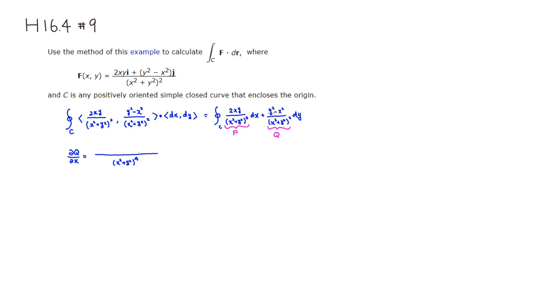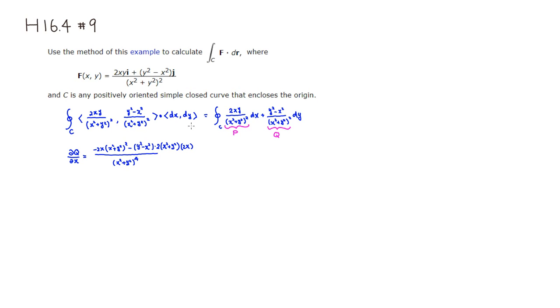The partial derivative of the top with respect to x is negative 2x, times the denominator x squared plus y squared, squared, minus the numerator y squared minus x squared multiplied by the derivative of the denominator, which is 2 times x squared plus y squared, subtracting 1 from the power and multiplying by the partial derivative of the inside with respect to x, which is 2x.